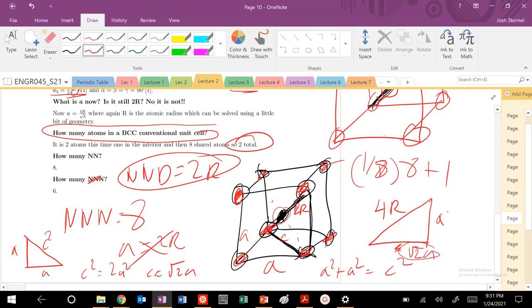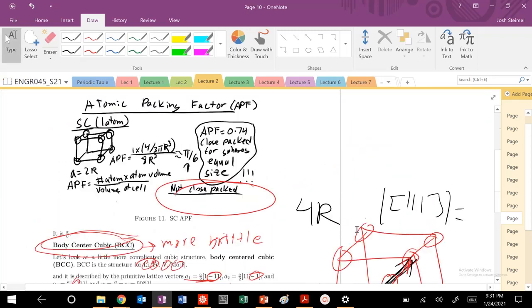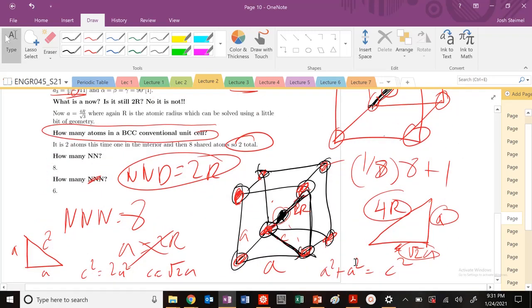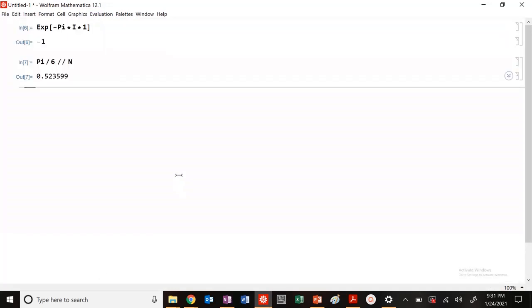So I've got this, and I want to write A in terms of R. I want my hypotenuse, which is going to be 4 times R, squared.